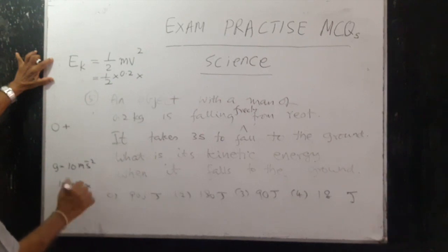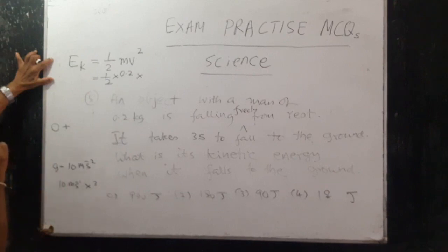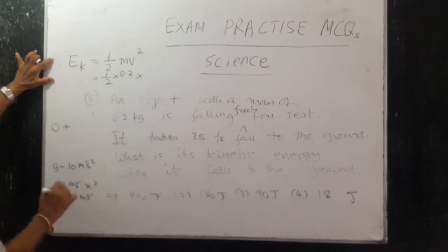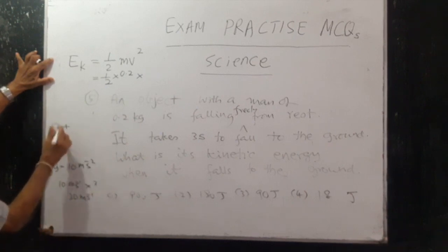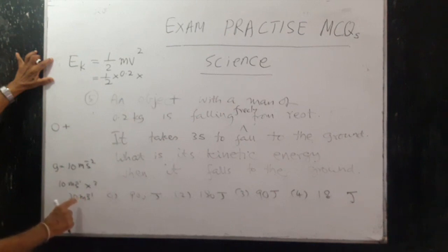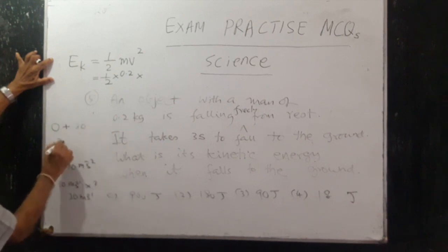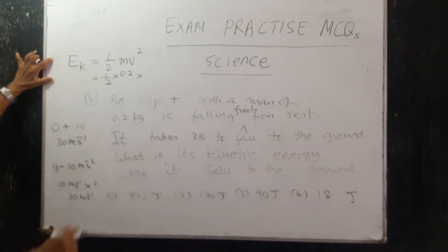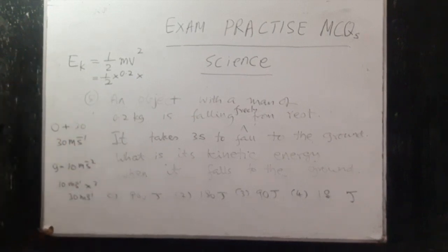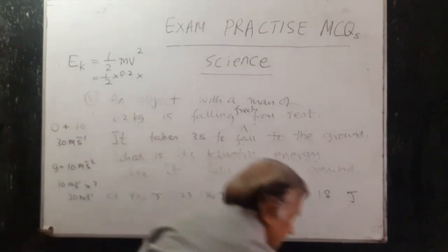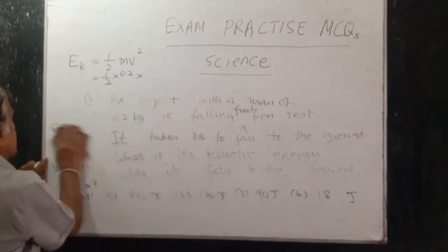Time taken to fall is 3 seconds. Therefore, velocity increases by 30 meters per second. Initial velocity 0, so velocity is increased by 30 meters per second during these 3 seconds. Therefore, this is the velocity when it falls to the ground. Velocity of this body when it falls to the ground is 30 meters per second.